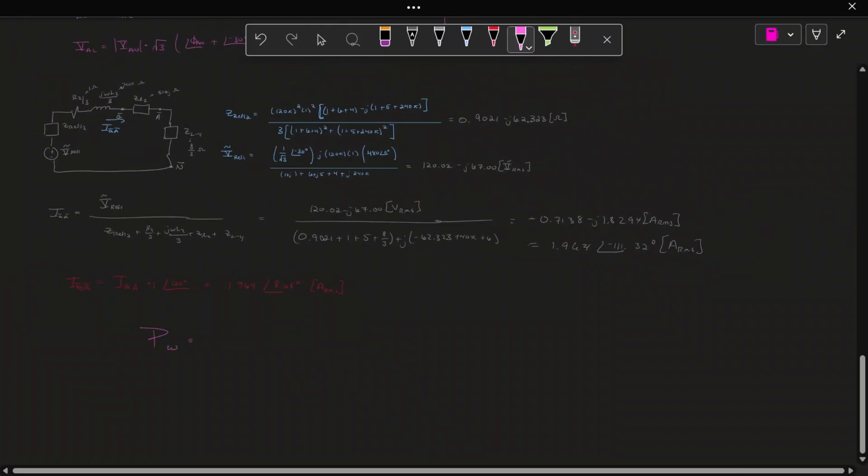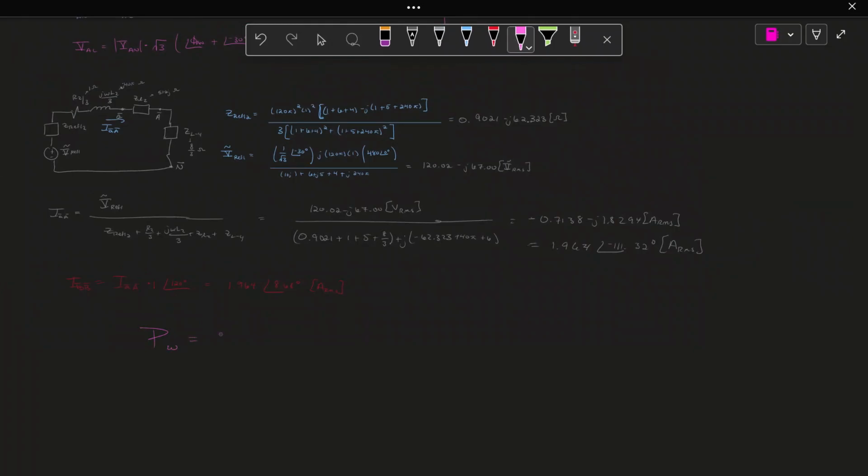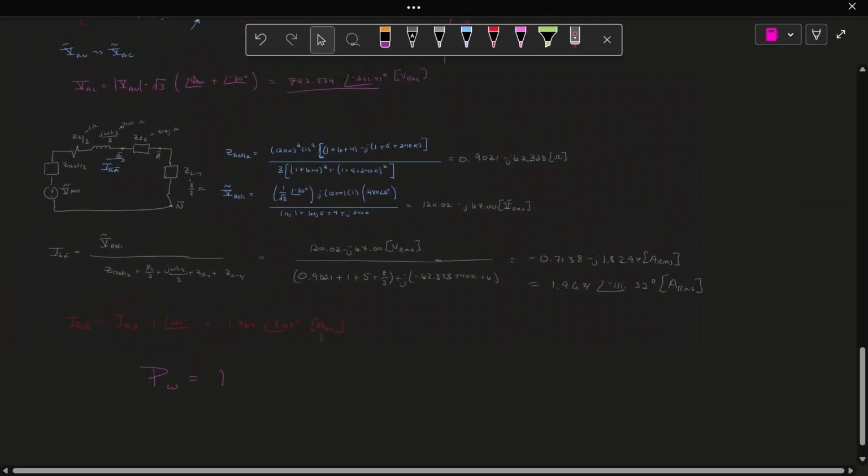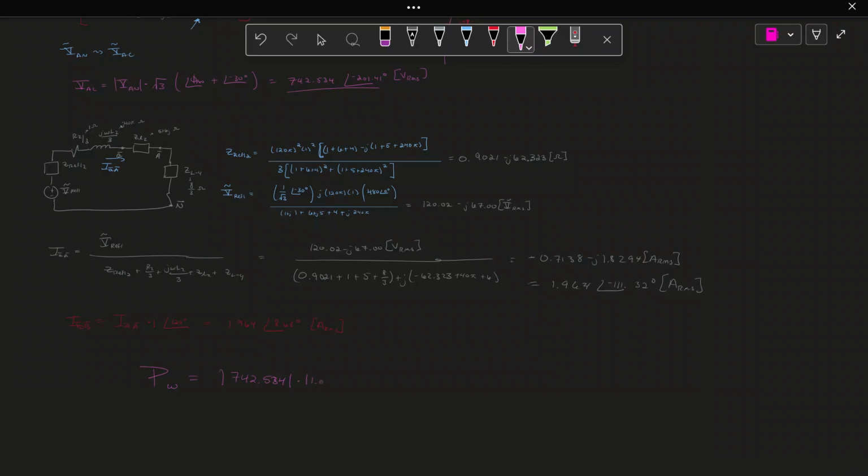Power, we can put a little wattmeter, W for wattmeter. We take the voltmeter reading, which is 742.534 times 1.964 times cosine of the angles. We subtract the angles, right? Negative 201.41 degrees minus 8.68 degrees. That's going to be maybe a large negative number. It's cosine though, so yes, it would be a large negative number.